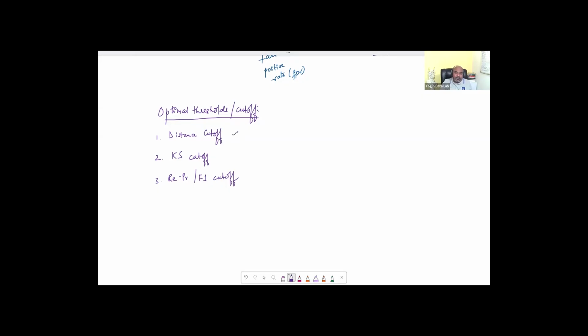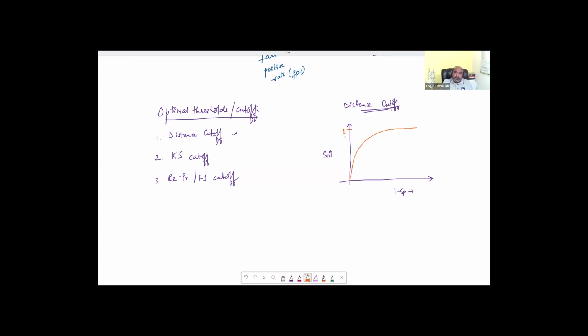Now, distance cutoff. For distance cutoff, we will go back to your ROC curve. My y-axis was Sn and my x-axis was 1 minus Sp. I got a curve which is something like this, and this is 1, which we just saw is the best point.